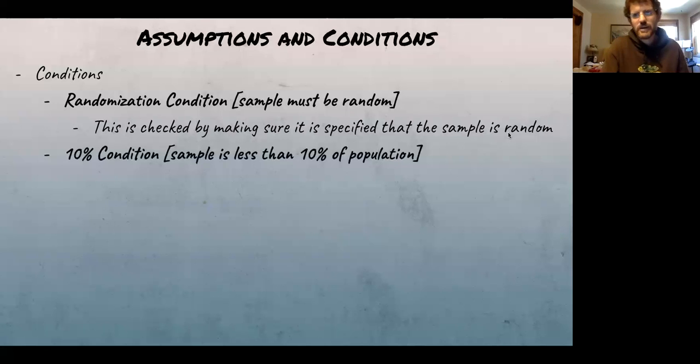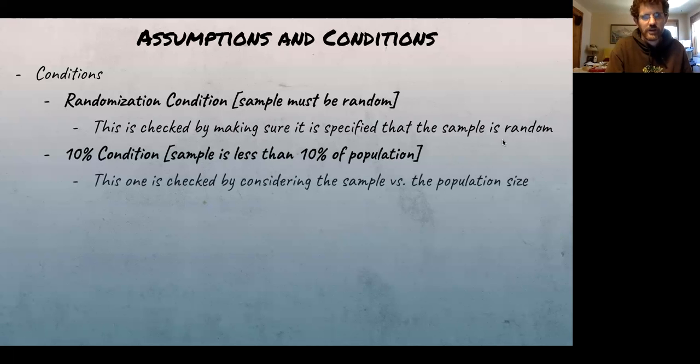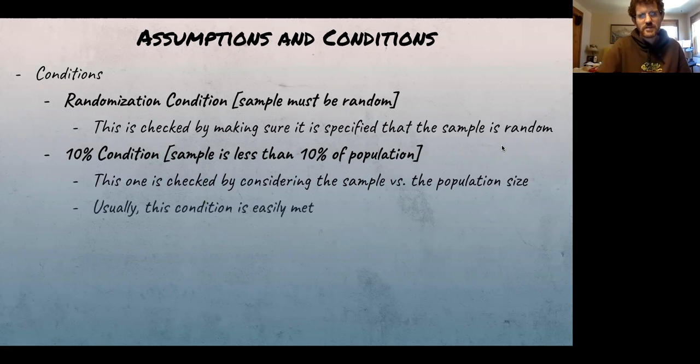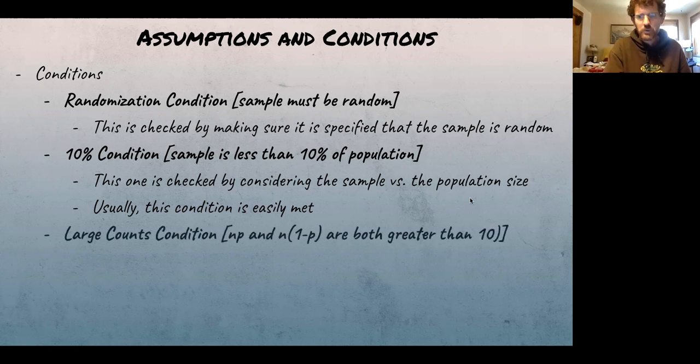This is also another intuition thing. Consider what the population is and how big the sample is. And almost always this condition is easily met. There are specialized cases where we could be close to or over the 10%. But normally the population is so big that the sample is going to get nowhere near the 10%.